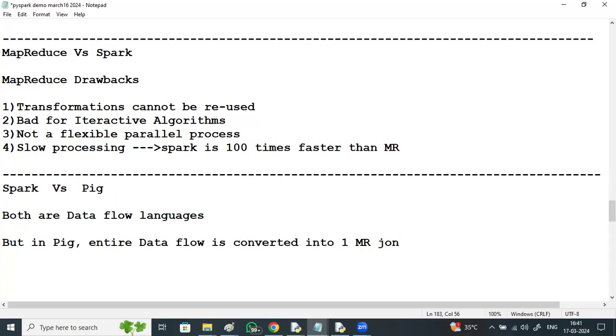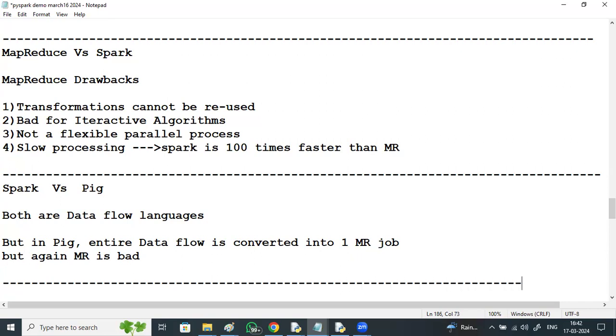But again, MR is bad. Internally, Pig processing is happening within MapReduce, right? So when Pig follows MapReduce, the entire data flow is converted into one MapReduce job. So again, MR is bad.